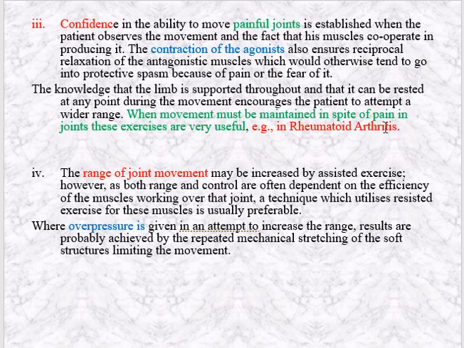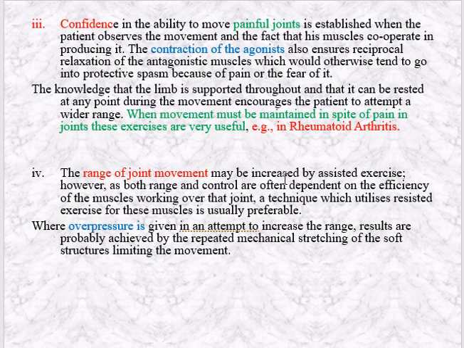When movement must be maintained in spite of pain in the joint, these exercises, as active assisted exercise, are very helpful. For example, rheumatoid arthritis, inflammatory arthritis, in which joints are swollen, red, inflamed. So if we have to maintain the movement in joints, then these exercises will be performed.